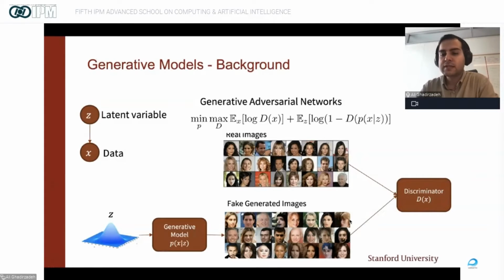This information is backpropagated to the generative model to update its parameters to generate things that can't be discriminated by the discriminator model. And the discriminator, of course, is again updated to be better at discriminating. If these two play with each other, at the end we hopefully have some outputs from the generative model that look quite realistic.